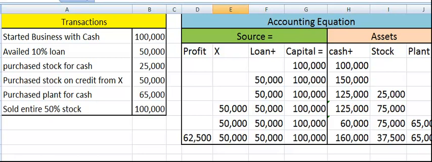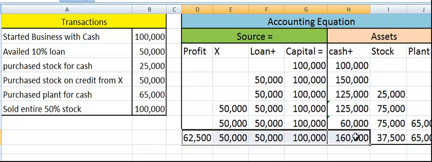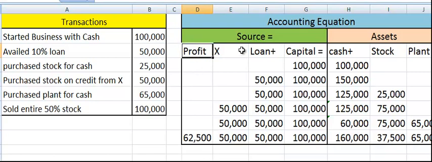But what is the use of this accounting equation? Suppose I take the last equation and present that in the form of a balance sheet, then I'll have profit, Mr. X, loan, and capital on the sources side, and the corresponding assets as cash, stock, and the plant, and that will become the balance sheet of a company.